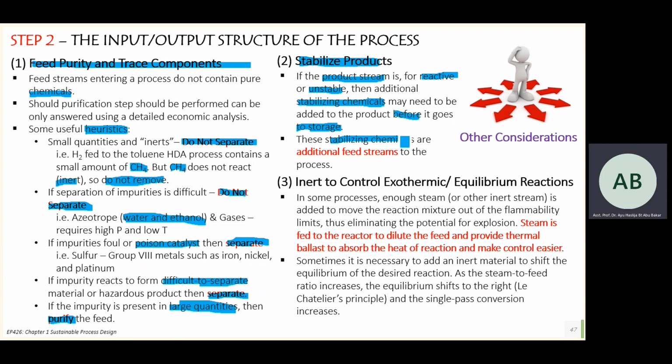These stabilizing chemicals are an additional feed stream, additional input. Perhaps after the separator you have separated and already purified your product, but it is not stable. So you will need to add some chemicals to stabilize it before it goes to storage.